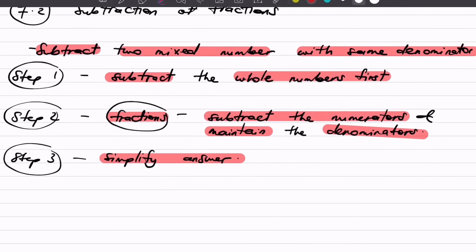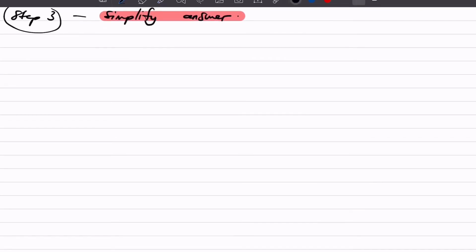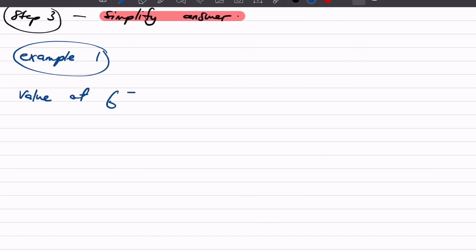So we'll get into some questions. Example 1. Find the value of 6 7 over 9 minus 3 1 over 9. As you see, the denominator is the same, so you don't have to change anything about the denominator.